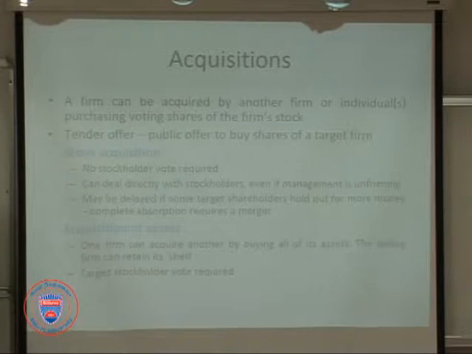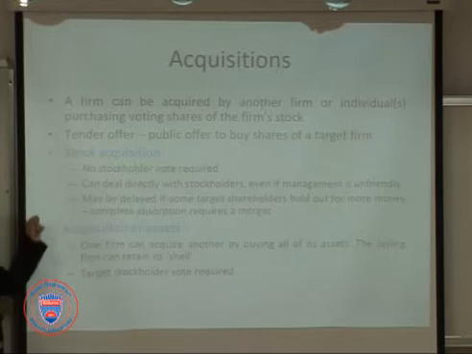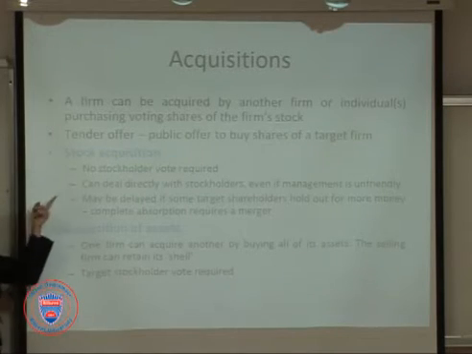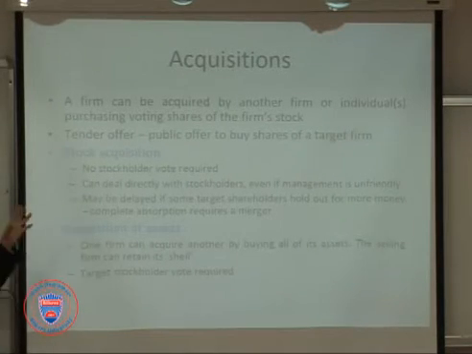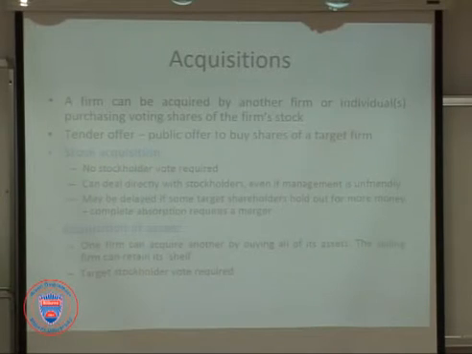Not like in the merger case, where I need target shareholders' votes to confirm the merger. If I buy your stocks, I don't need it. And even if the manager, Alican, is not interested, I can do the stock acquisition if shareholders of Alican's firm are interested. The problem here is, I'm going to talk about this and show you examples.